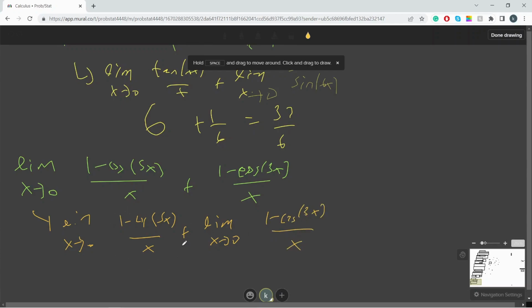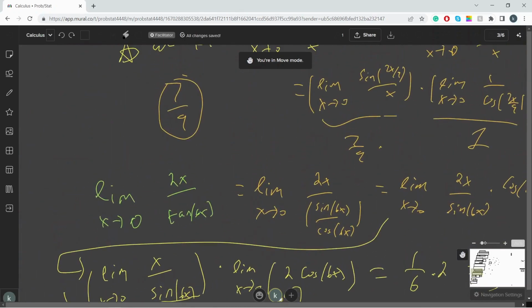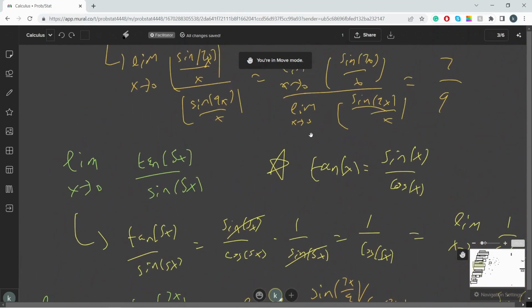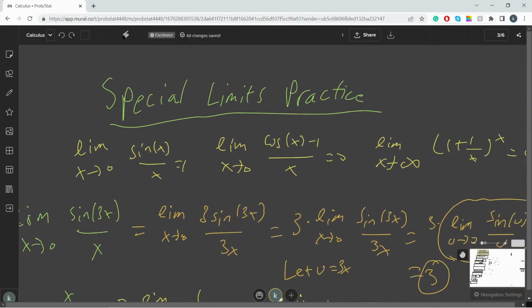And now we have to see for this first limit here which special limit from up here matches what we want to solve. And if you look at the three special limits we have proven in the previous two videos, this limit right here clearly matches the form we're going for, because you have a cosine of x minus a 1 over an x.